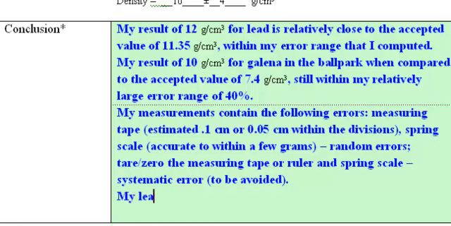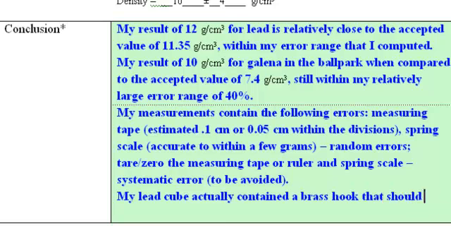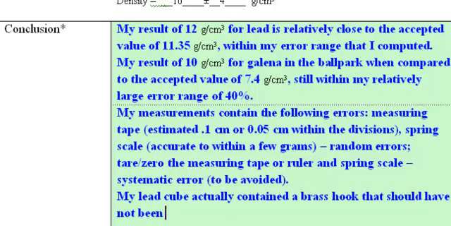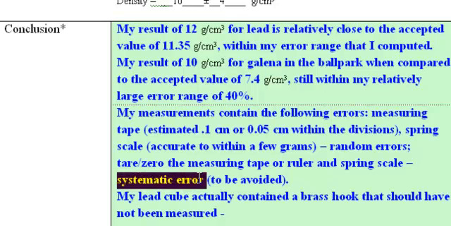So my lead cube actually contained a brass hook that should not be measured, but I tried to take it off beforehand and I couldn't, and besides it was actually convenient to hook it onto the spring scale. So my lead cube actually contained a brass hook that should not have been measured, but it did, and again that would be a systematic error, which in this case I couldn't avoid.